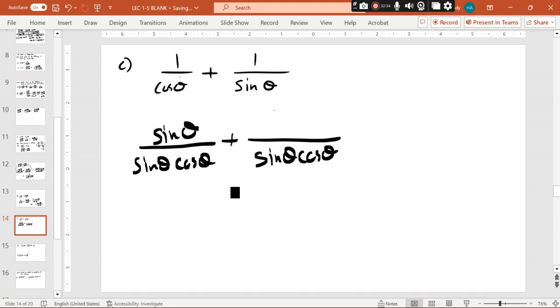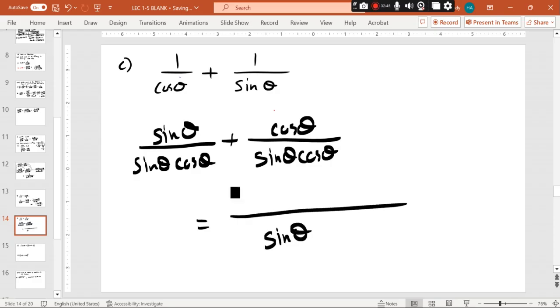For this one here, we already have sine. So the new stuff is cosine. Cosine times 1 is just cosine. Voila. And the final answer is, on top, just sine theta plus cosine theta. And that is the easiest form right there. That is it.